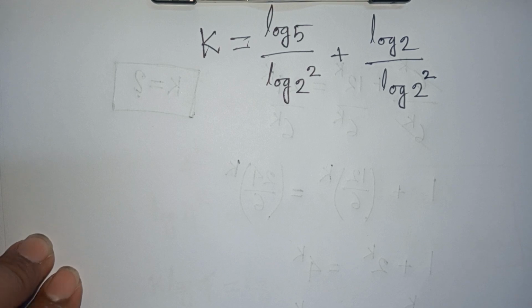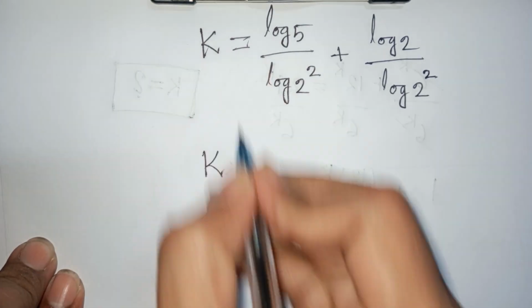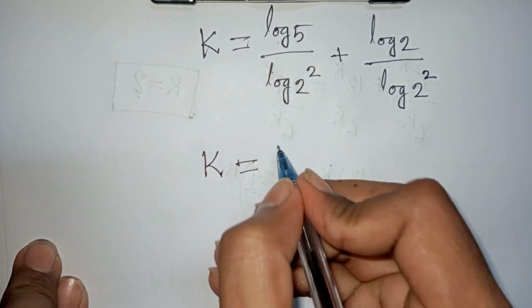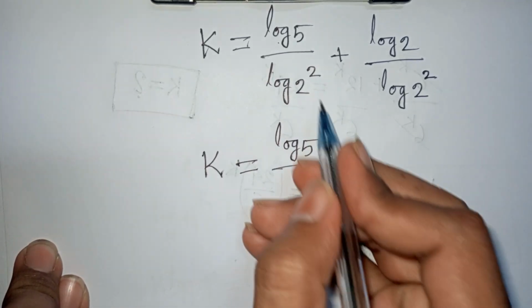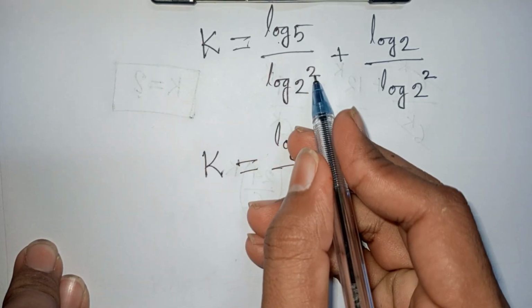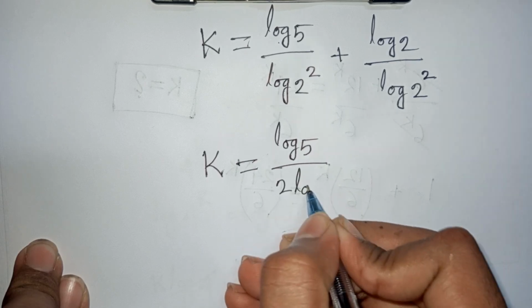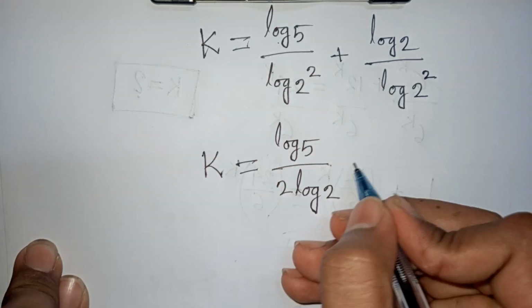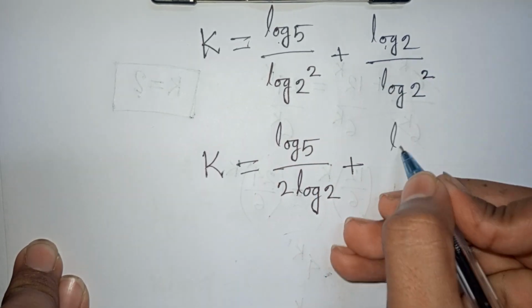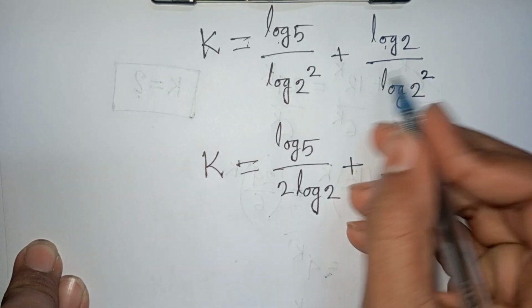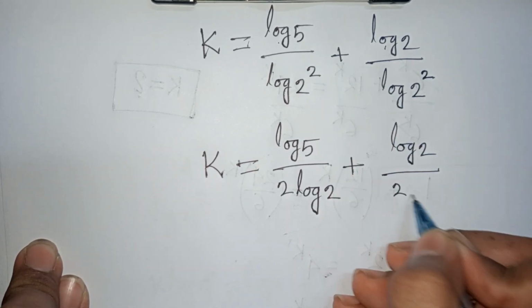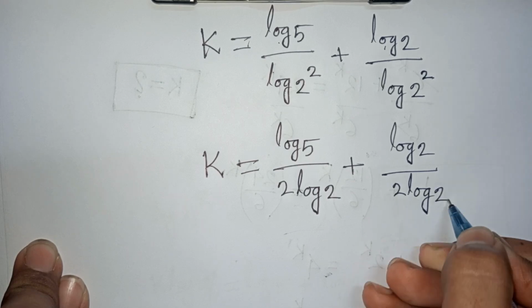Now k will be equal to log 5 over, this power 2 will move to the front, so it will be 2 log 2, then plus log 2 over, again this power 2 will move to the front, so it will be 2 log 2.